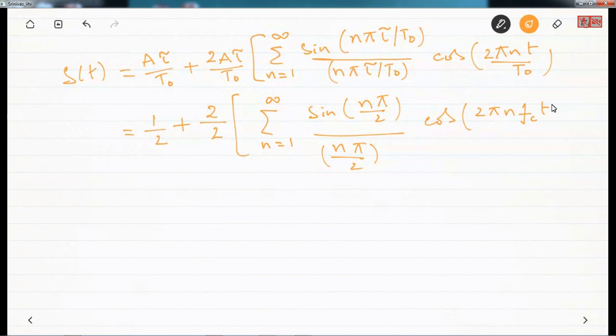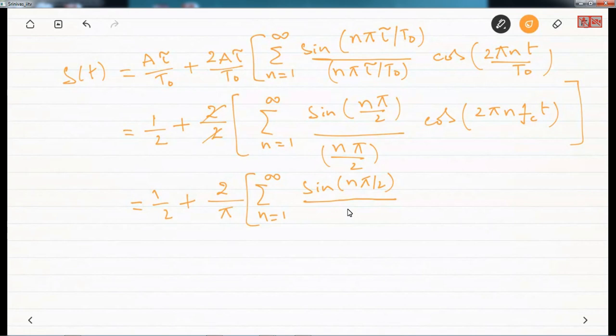right? So this is equivalent to half plus, this 2 gets cancelled, and this is 2 by pi into the sum for n equal to 1 to infinity of sine of n pi by 2, divided by n, cos 2n pi fc t.